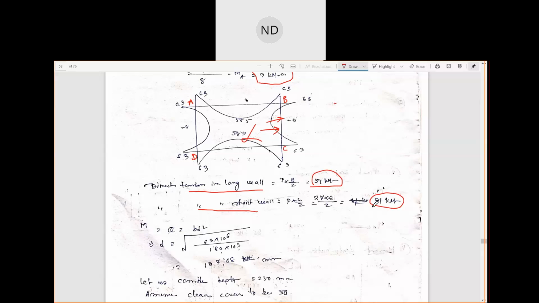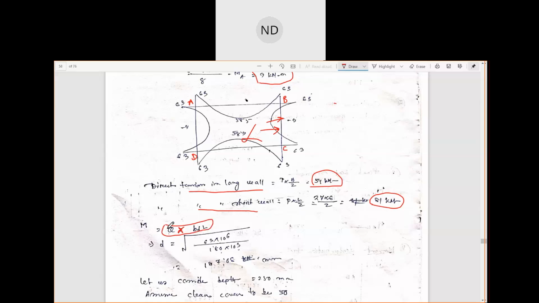Now once we have calculated these tensions in the longer wall and the shorter wall, we can find out the thickness, or I can say the depth, of the walls. There is a derived formula for that, which is M is equal to Q into BD square.